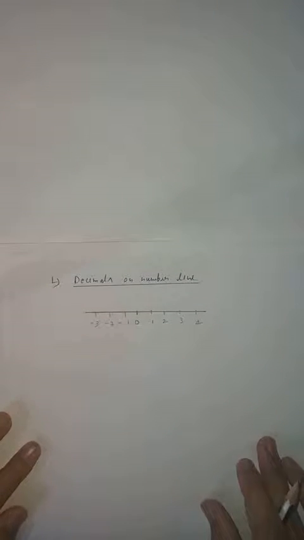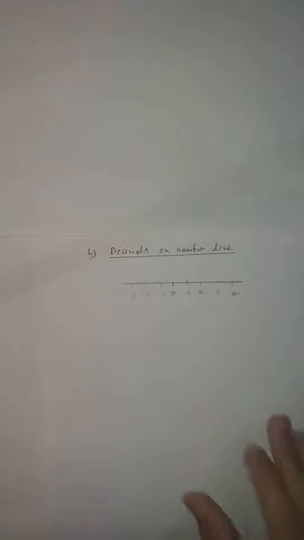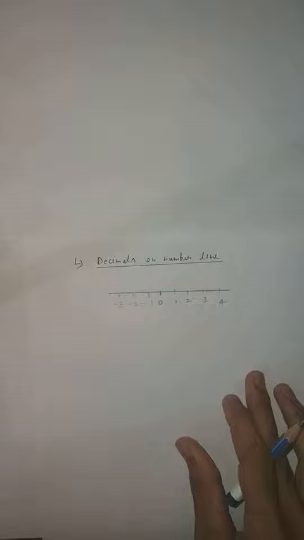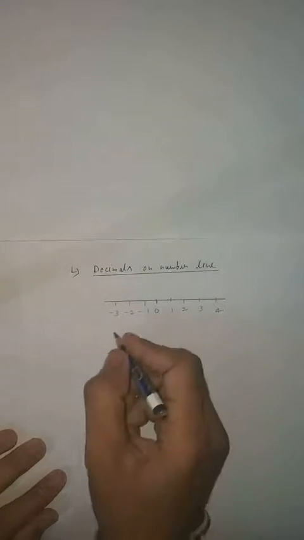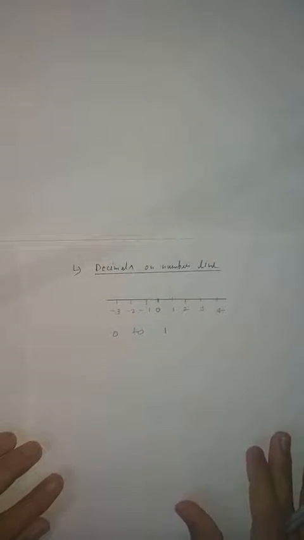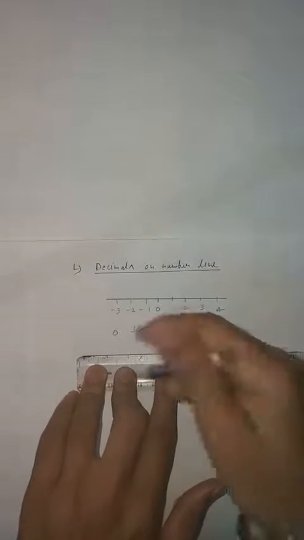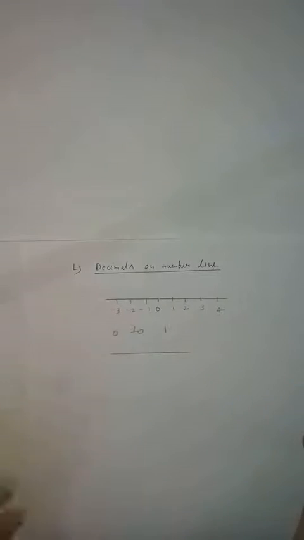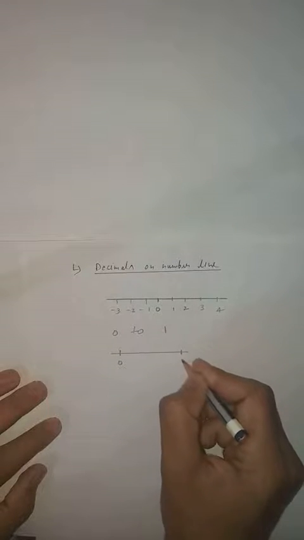Acha. Now, let us take an example. If there is a number line given like 0 to 1, what you will do is draw a number line. Here you will put 0 and 1. Clear, students?